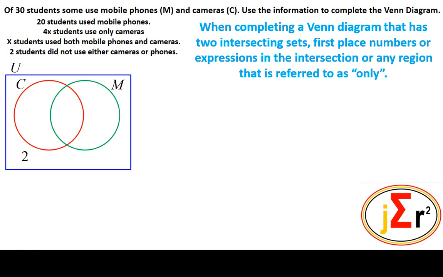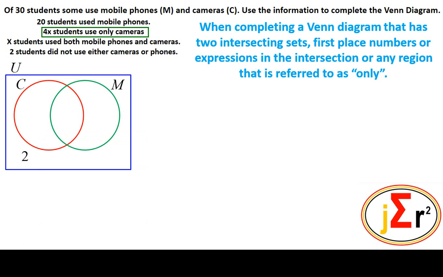Because if we place information in the intersection of the two sets first, then we have no danger of additional information being in any other set, because there are only two sets. And if we place information in the section that is "only," then we are sure that it is only in reference to that section and will not face any interference from any other set.